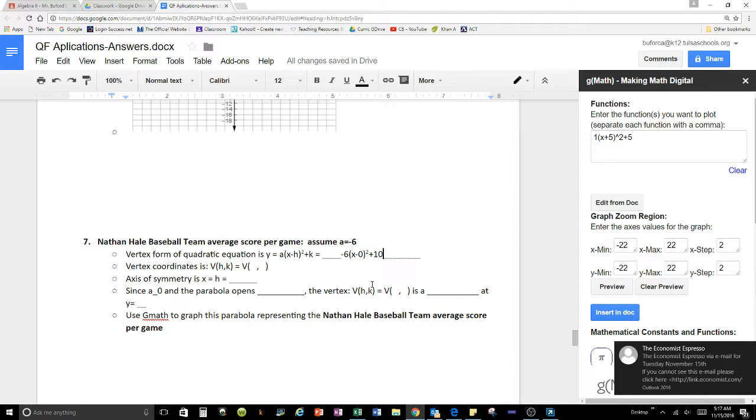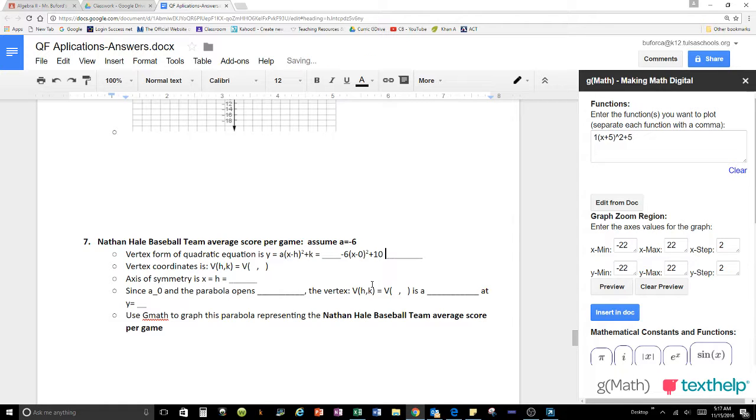We could write that a little different since h is equal to 0. We just say minus 6x, control period 2, control period plus 10. Since we have that 0 there, that's all we really need.